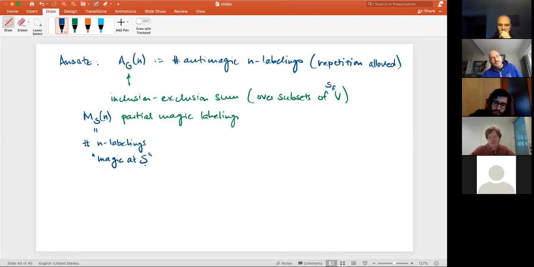And that's a semigroup structure now. So think of your graph, here's your graph.